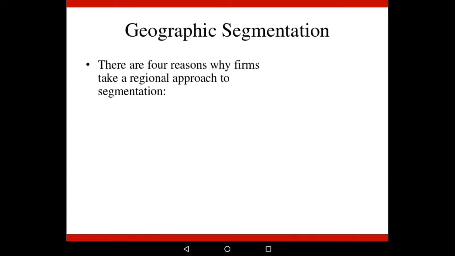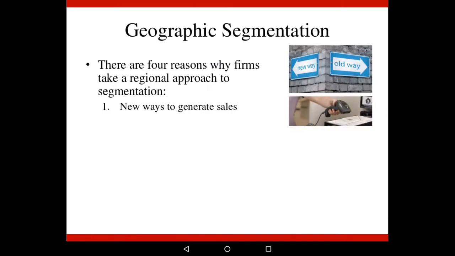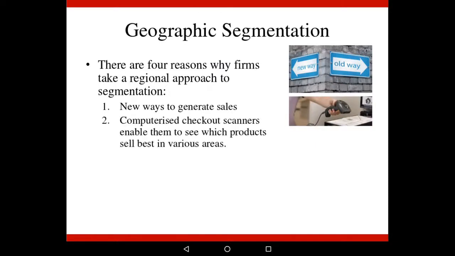Okay, so there are 4 reasons why firms take a regional approach to segmentation. It offers them new ways to generate sales if they offer different products in different regions at different times of the year. Computerized checkout scanners will enable them to see which products sell the best in various areas.